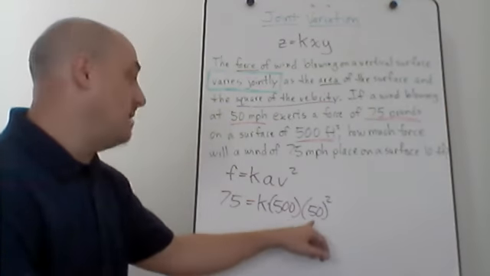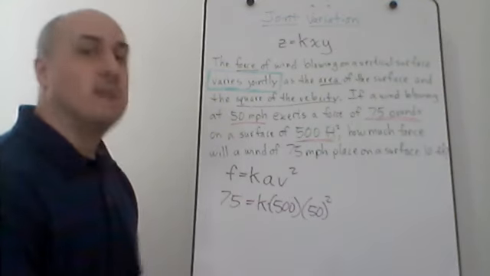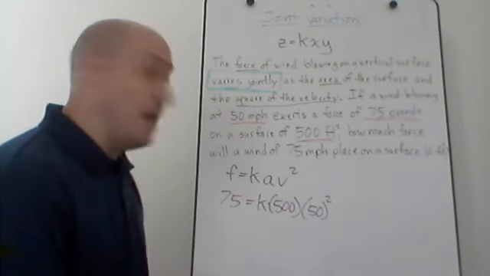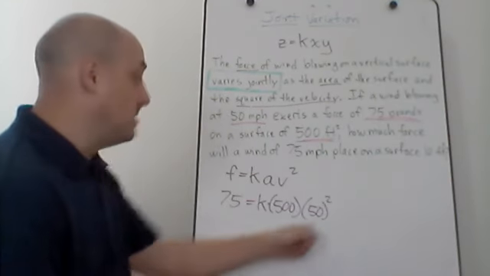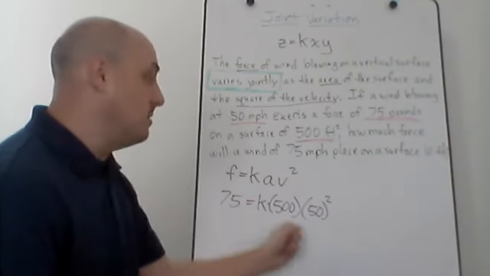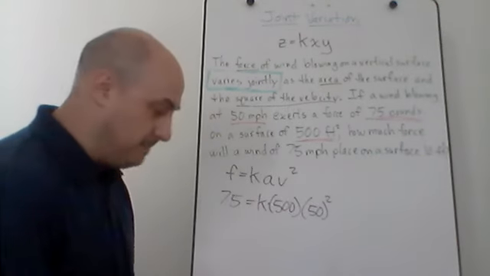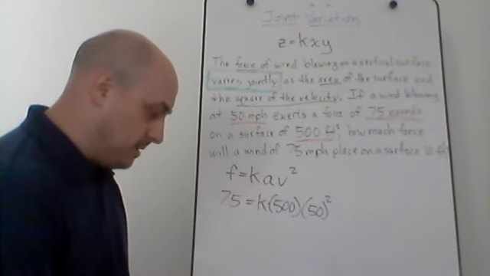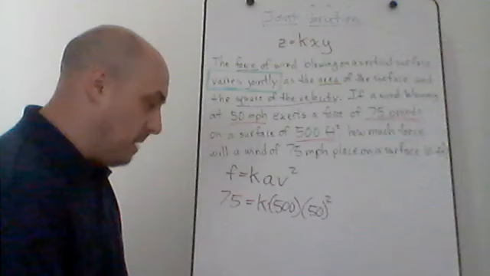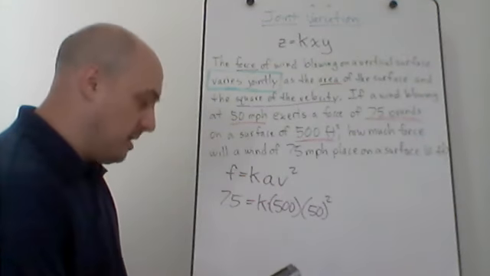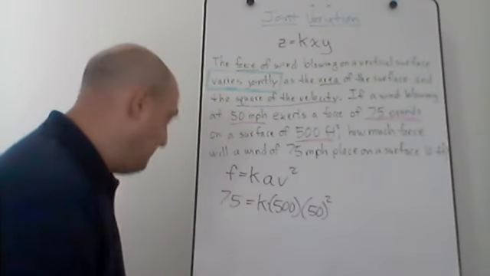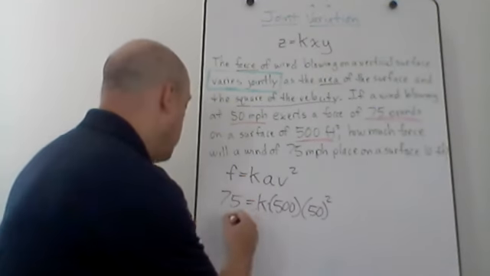Don't do 500 times 50 and then square that. Order of operations, PEMDAS, parentheses, then exponents. I have to do the exponent before I do the multiplying. Make sure you do it correctly, otherwise you're going to mess it all up. So I do 50 squared, and then multiply that. That equals 2,500. Multiply that times 500, and I get a huge number.